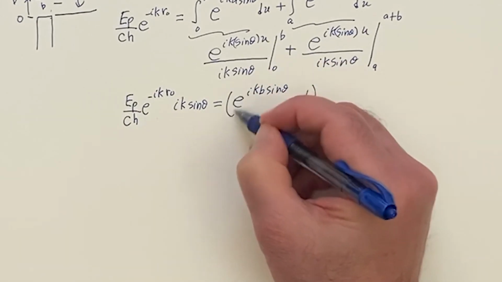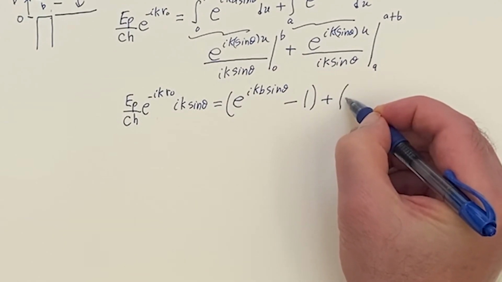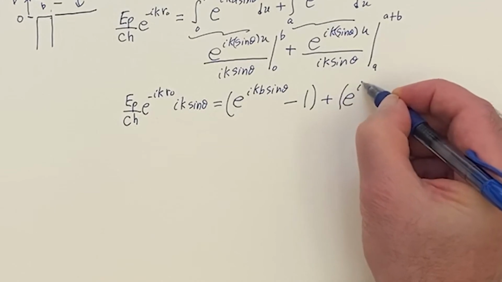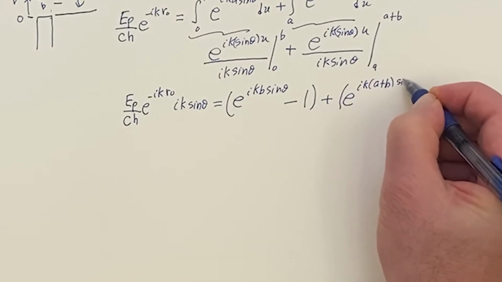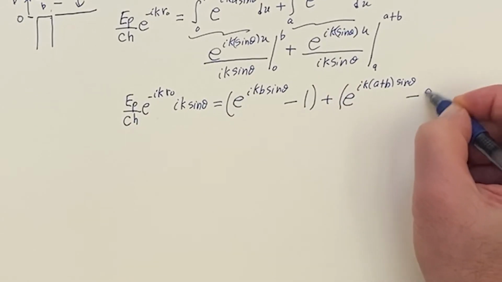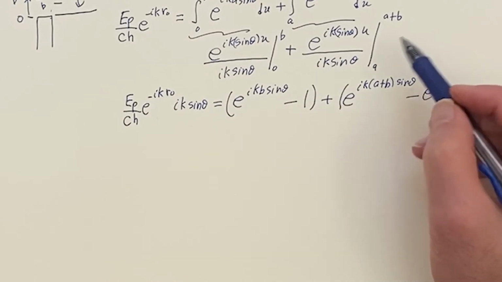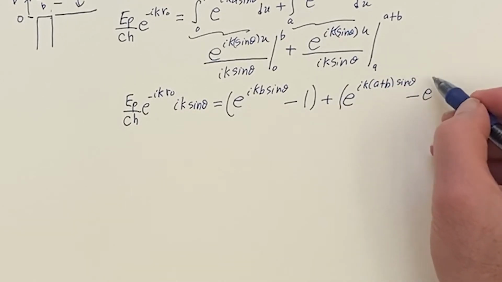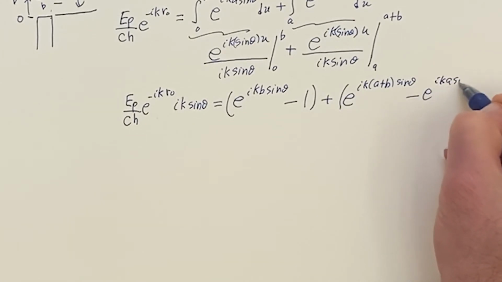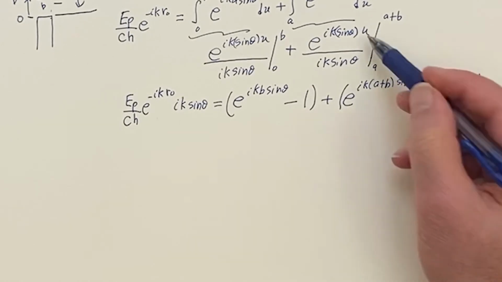So that takes care of this first one. And then the second one here is going to be e to the i k a plus b sine theta minus e to the, now here you've got to be careful, this is not a 0, this is an a. So that's going to be i k a sine theta. You just put the a in there. That's all you have to do.